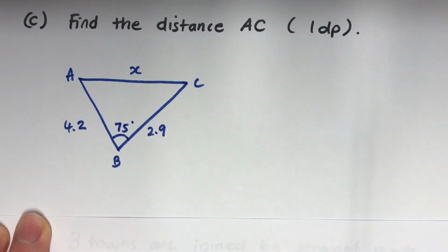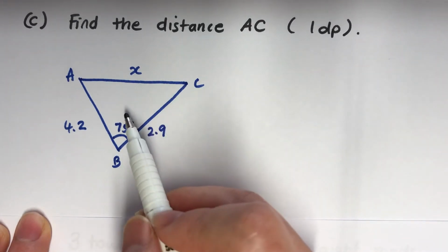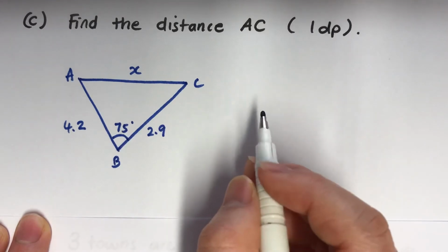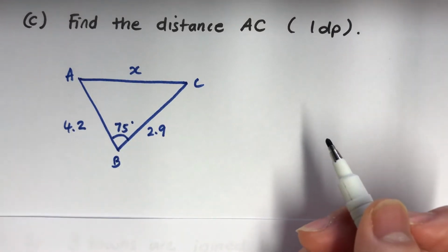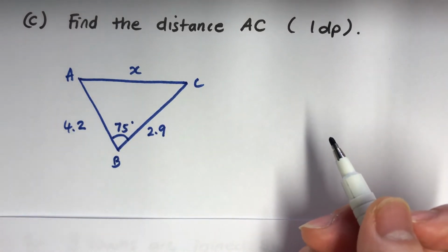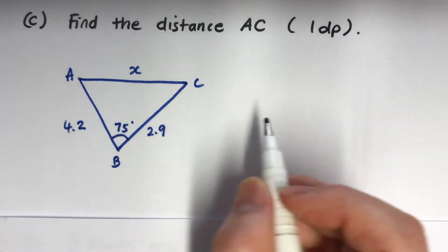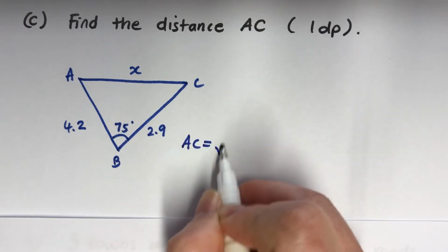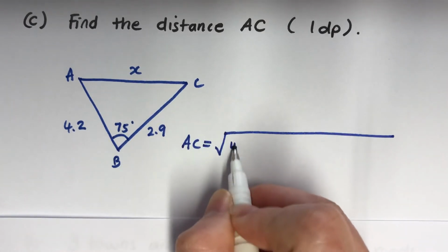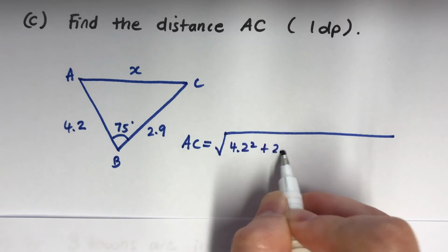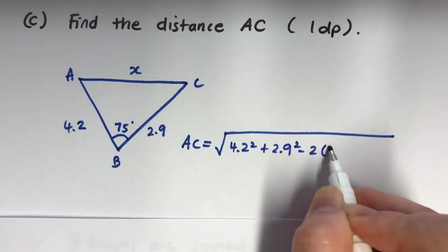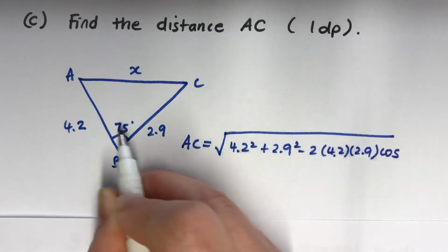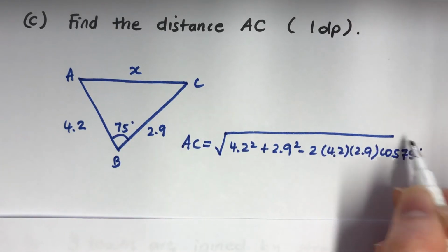Now, it looks like we have to use cosine rule, because if I try to use sine rule, there are not enough angles to go by. So let's do the cosine rule. AC equals the square root of 4.2 squared plus 2.9 squared minus 2 times 4.2 times 2.9 cos 75 degrees.